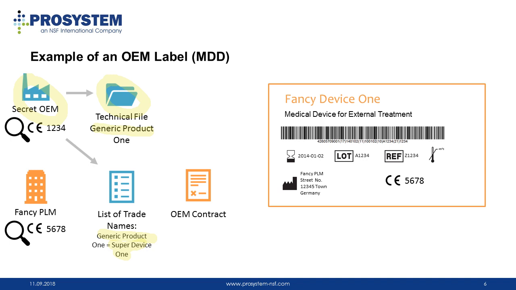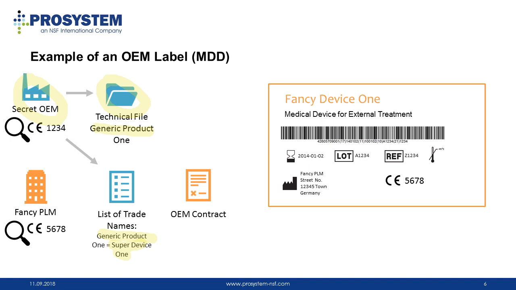And of course, you need an OEM contract where you've got all the responsibilities written down between the OEM and the PLM, but you don't have to have this complete technical file because this is under control of the OEM. And in the end, the labeling will look like you see here on the right-hand side. So you've got the name which the PLM chooses.